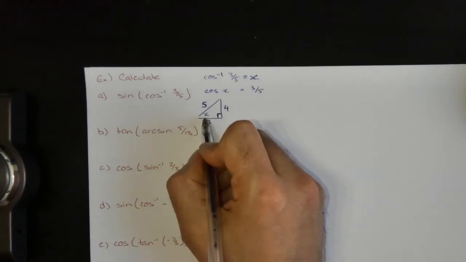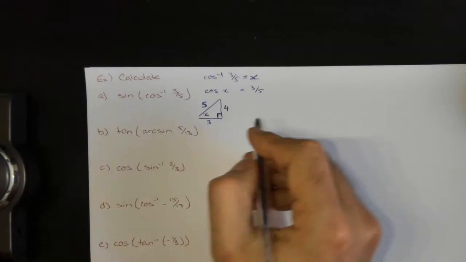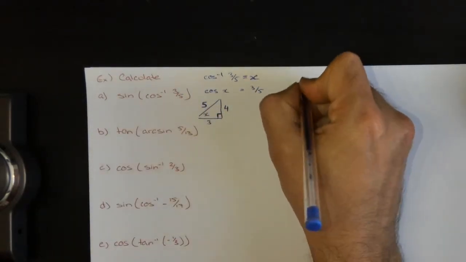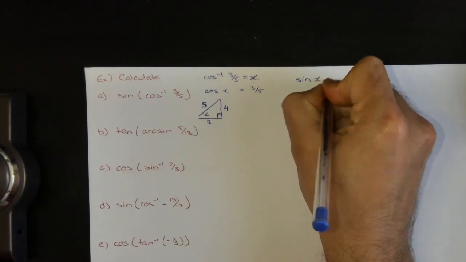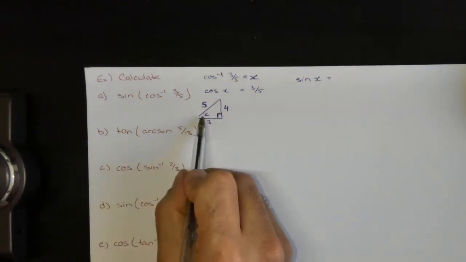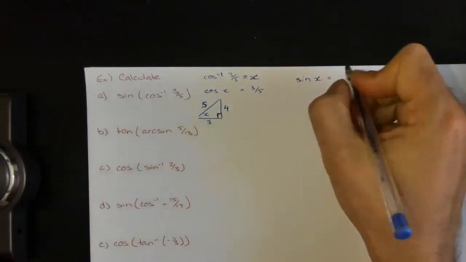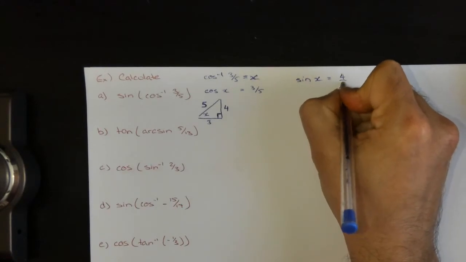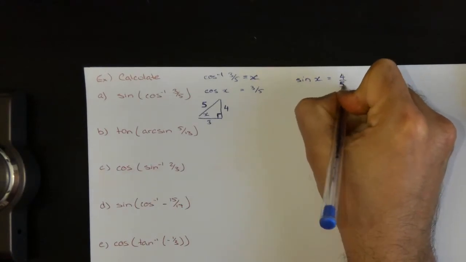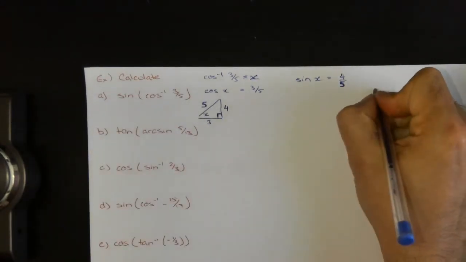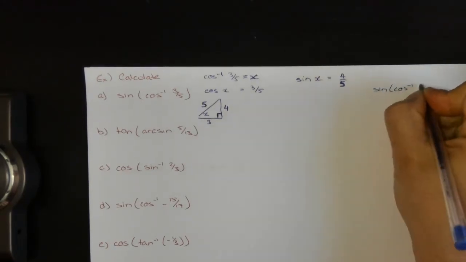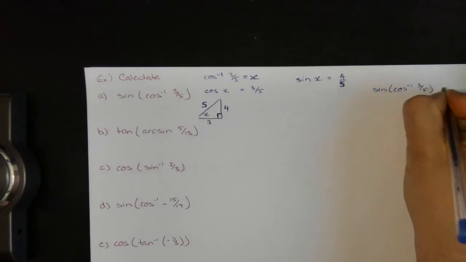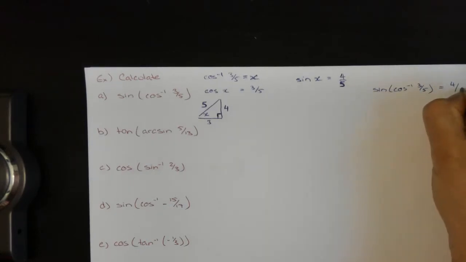Now we want sine of x, which is opposite over hypotenuse, so that equals 4/5. So the answer to sine of inverse cos of 3/5 is 4/5.